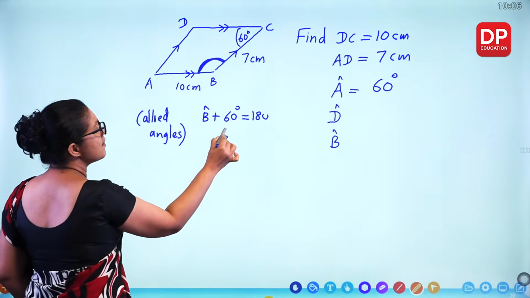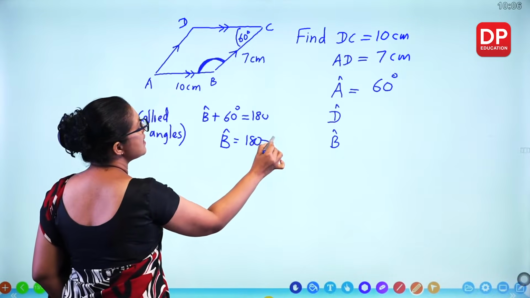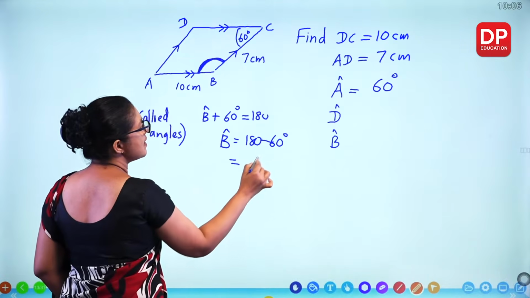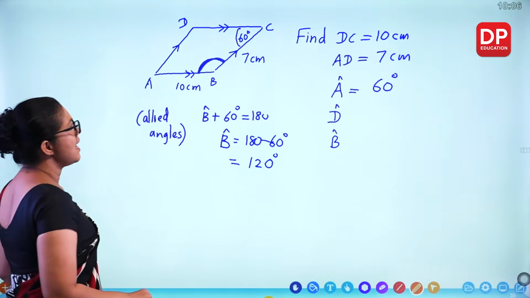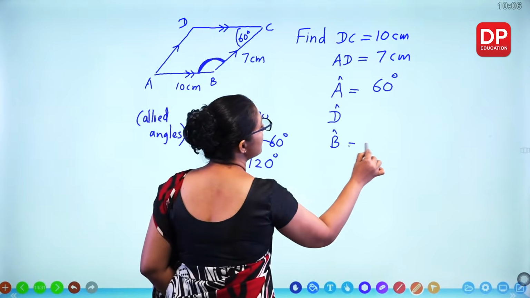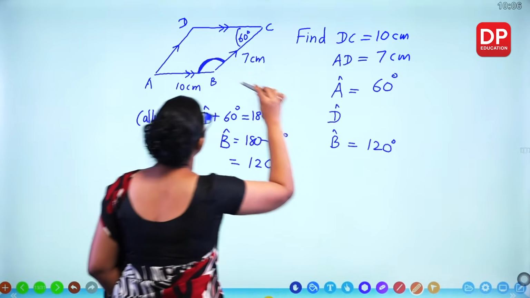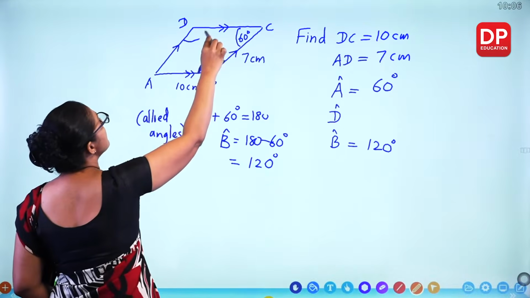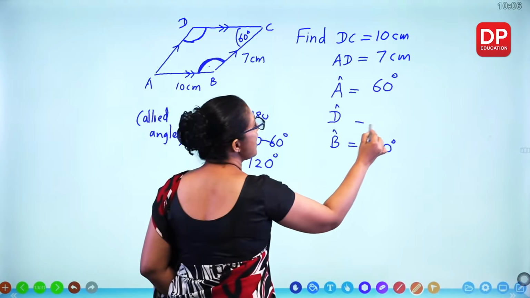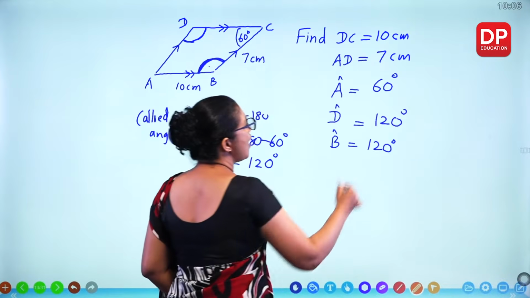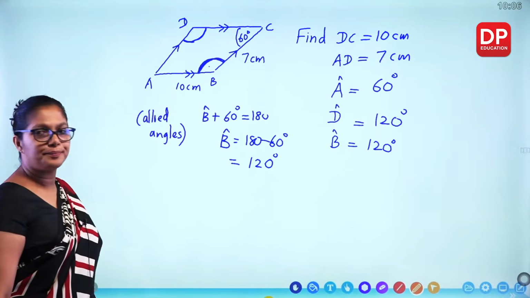What is B? 180 minus 60 degrees. I get 120 as angle B. Angle B and angle D are opposite angles, so I can straight away write angle D is also 120.